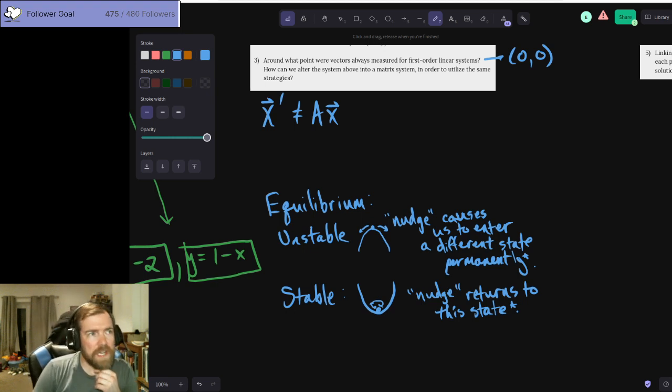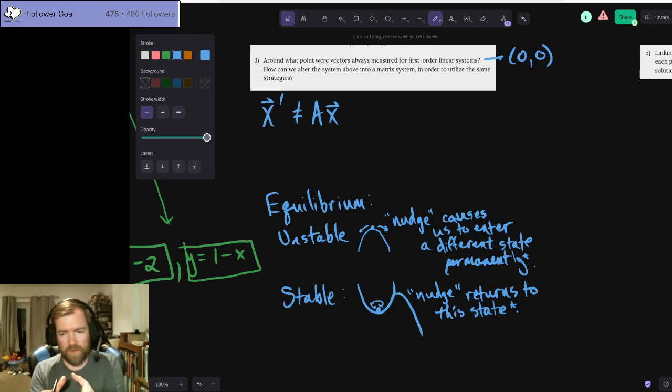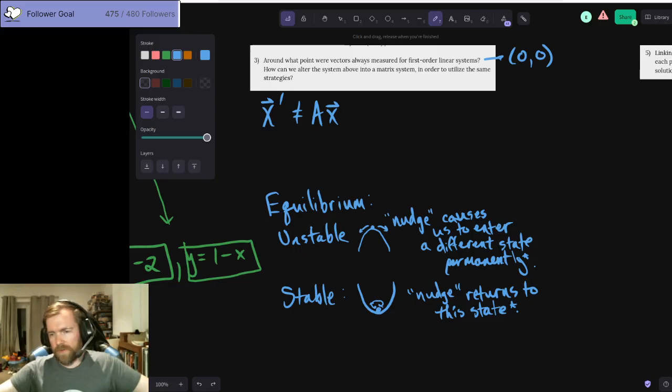I guess there is a nudge small enough such that it will return back to this state. There is the possibility, as we've seen before, that there's another hill here. If you nudge it far enough, it's just going to go right over and keep going forever downward. But we're just talking about a small nudge from this current state, which will put it into this state again. Unlike our unstable equilibrium, where a small nudge, even infinitesimally small, will cause this to enter a completely different state. And again, theoretically, permanently.